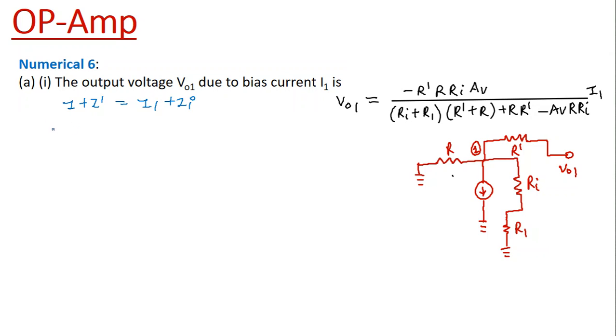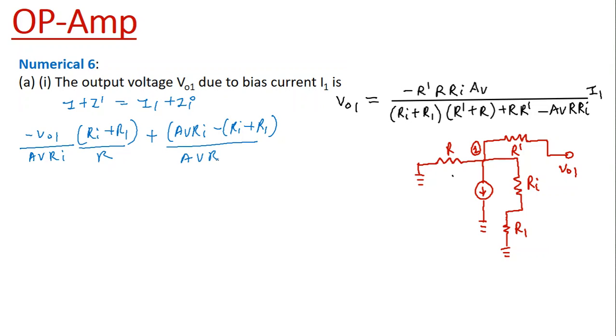I was minus VO1 divided by AV Ri, multiplied by (Ri plus R1) divided by R, plus minus (Ri plus R1) divided by AV Ri into R dash, whole multiplied by VO1, is equal to I1 plus II's value, which is VO1 divided by AV Ri.